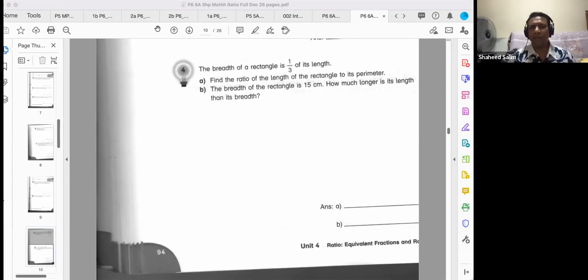Hilwa, so sorry, that is not the correct answer. You have not drawn the rectangle. If you draw the rectangle, you will be able to get the correct answer. And you are taking breadth to length plus breadth, but they want the ratio of length to the perimeter.